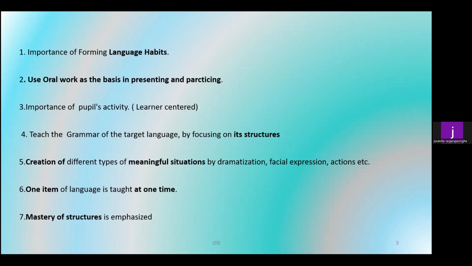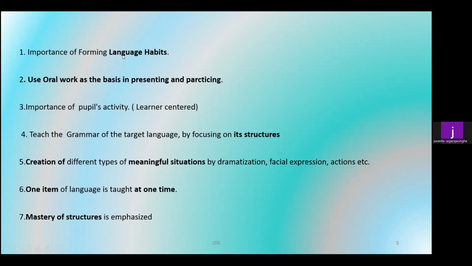If you teach the simple present tense, they should be able to automatically identify that structure in a given passage, or use it spontaneously. That is what is meant by habit formation.